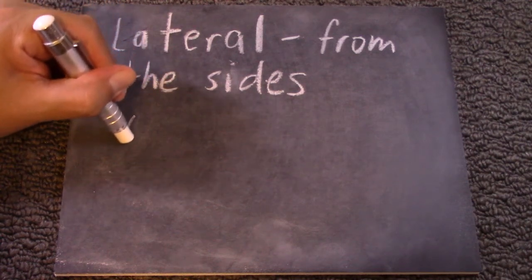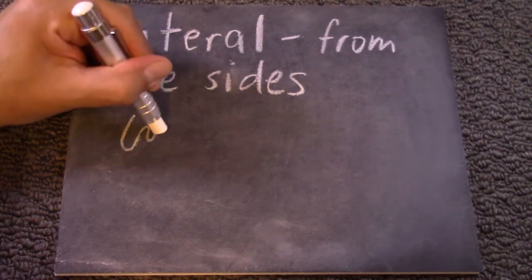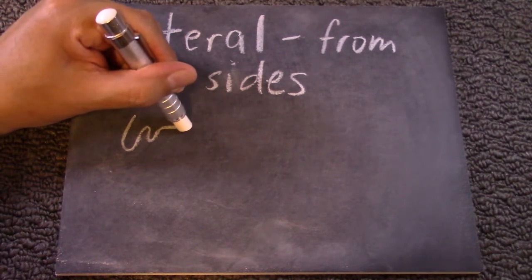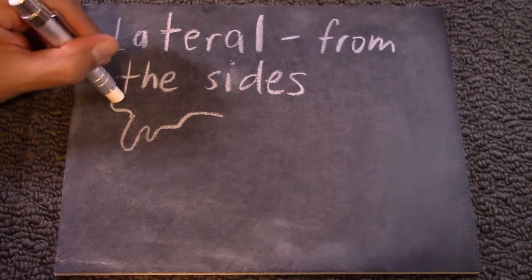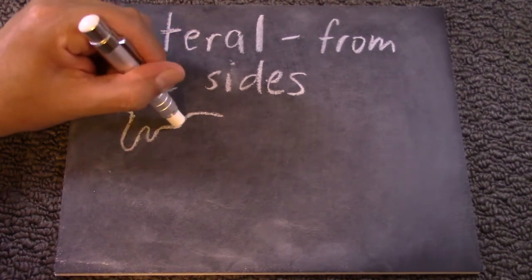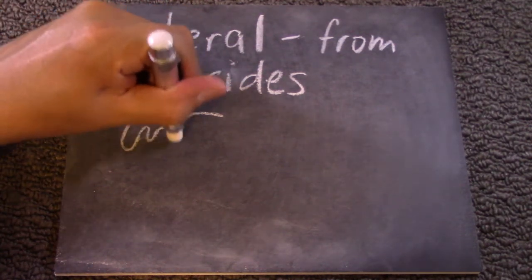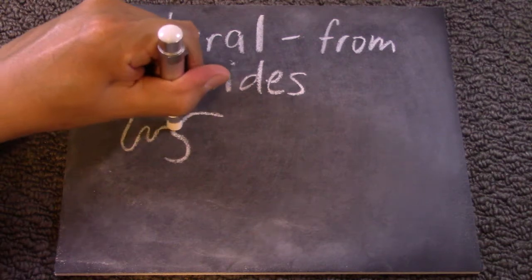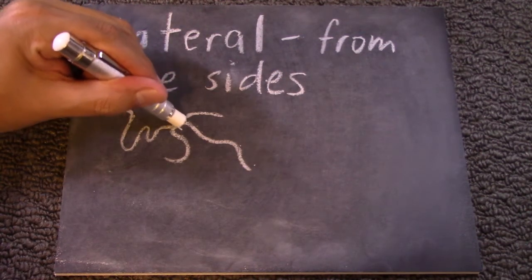So if this is our upper lip, that's our upper teeth. Then we have a little bump behind our front teeth. This is the alveolar ridge. And what we're doing is we're taking the tip of our tongue and putting it there.